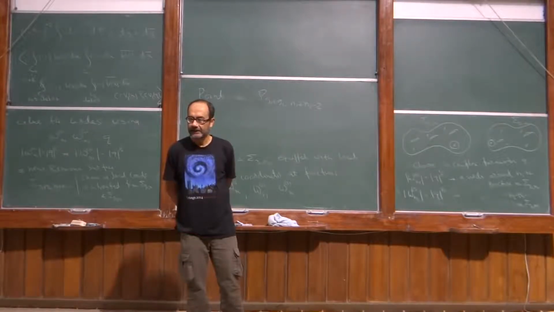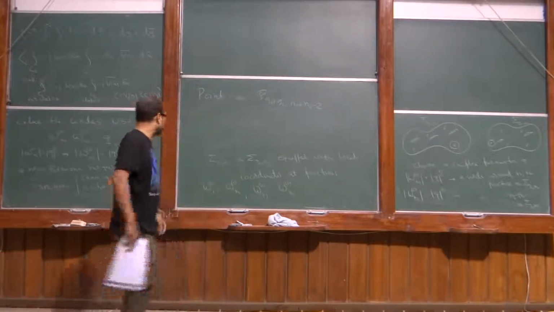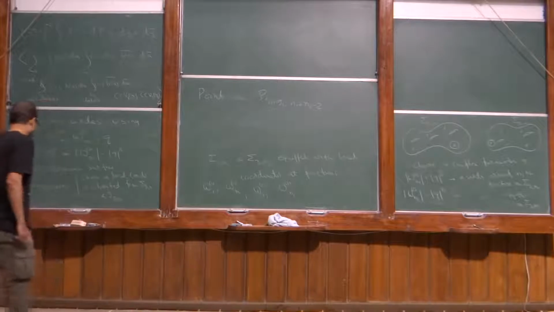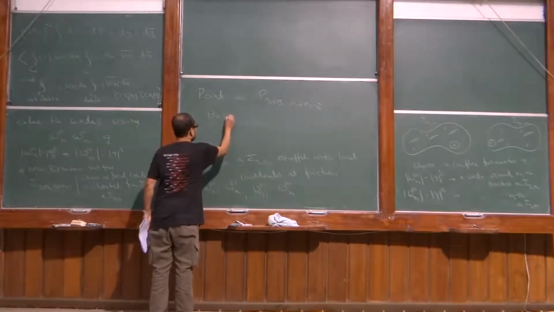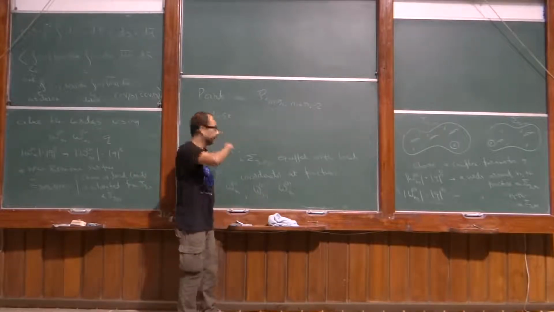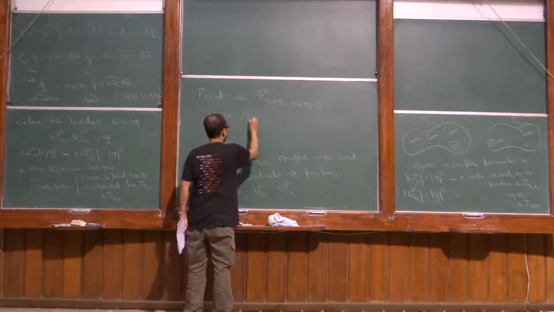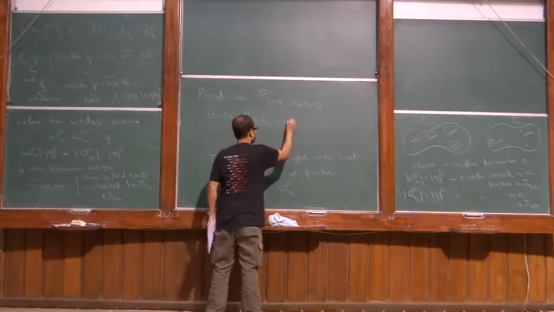Is this clear? What is the base for this? The base for this is Mg1 plus g2 n1 plus n2 minus 2. So once I give the g and n, the base is always M of the same g and n. So the base is M g1 plus g2 n1 plus n2 minus 2.